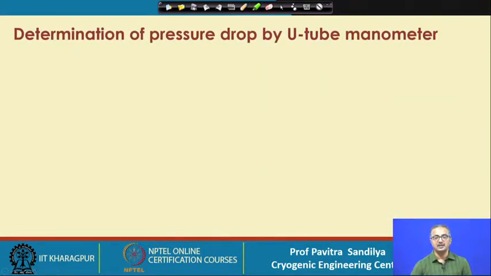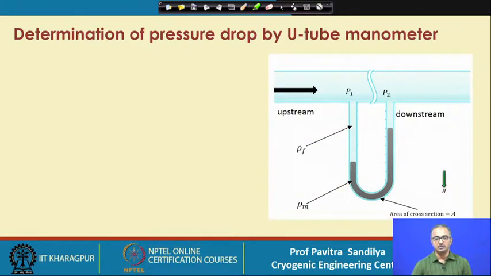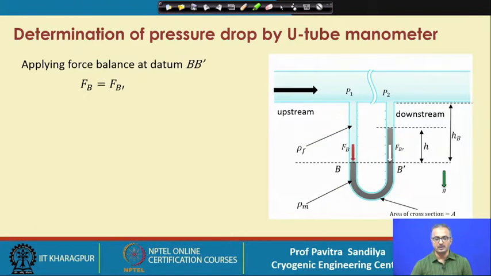Now we shall see how we can find out the pressure drop using this U-tube manometer. So here we are showing some datum B across which we are taking the force balance. We shall be looking at the force acting on this plane B prime, and here FB is the force which is acting on this limb, and FB prime is acting on the other limb, the downstream limb.